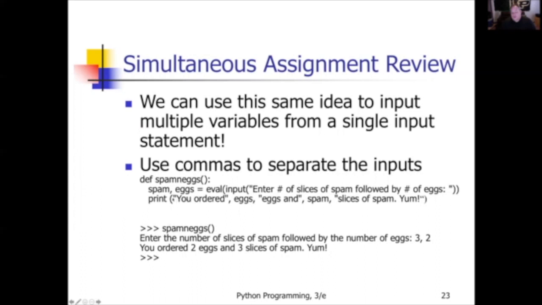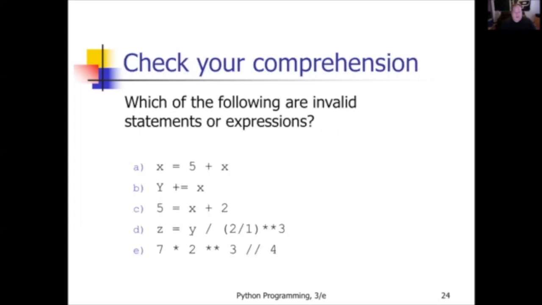So when I print it, you ordered this many eggs and this many slices of spam. And so the result looks like this. 3 goes into spam, 2 goes into eggs, and my output is 2 eggs and 3 slices of spam. So I can do that as well. It's not very commonly done because it does require the user to actually know to put a comma between the values, but it could be done that way.